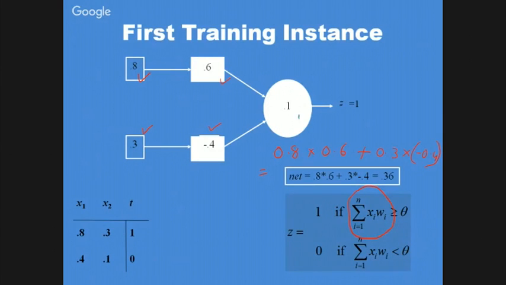Our theta is 0.1, and 0.36 is greater than 0.1, so the output is z equal to 1. Our target is also 1, so we will not change any weights. The target is 1 and the actual response is also 1, so there will be no updation.